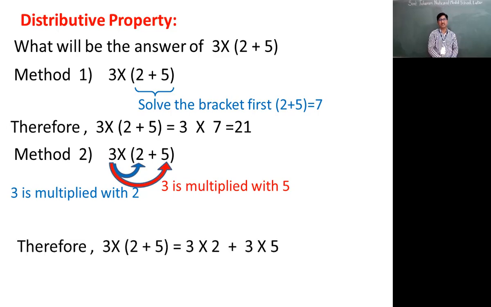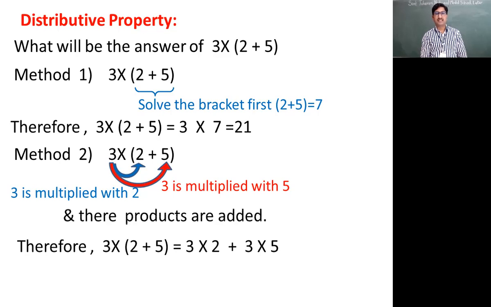But don't forget to add these two products. Then only it's correct. Now, you have to add these two products, 6 plus 15. We know that 6 plus 15 is 21.